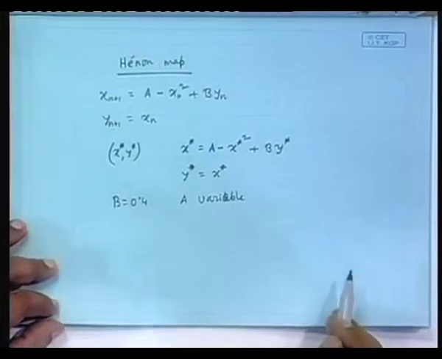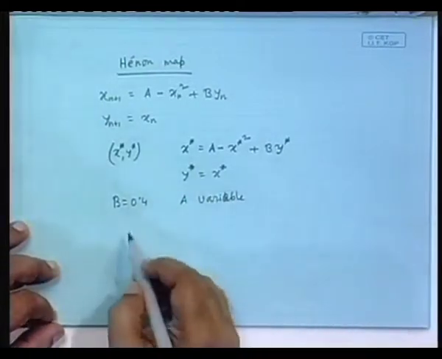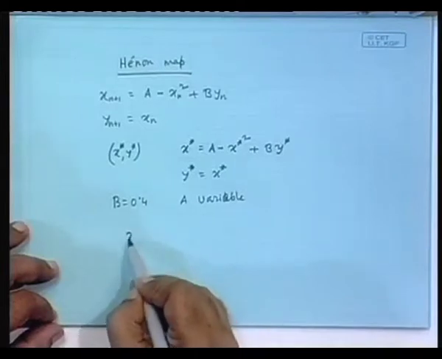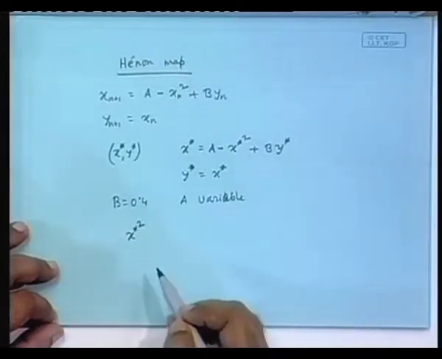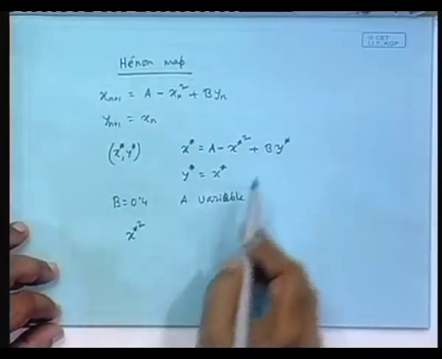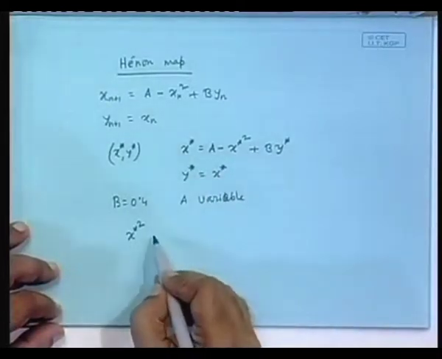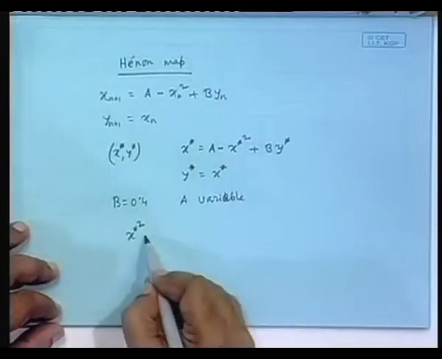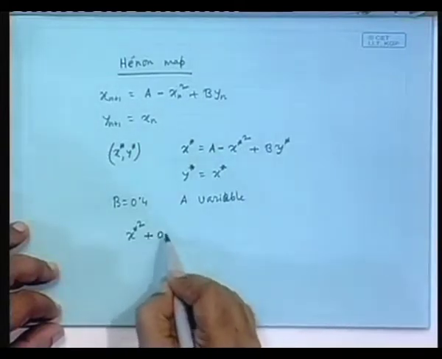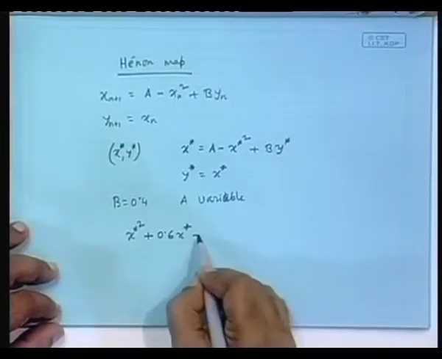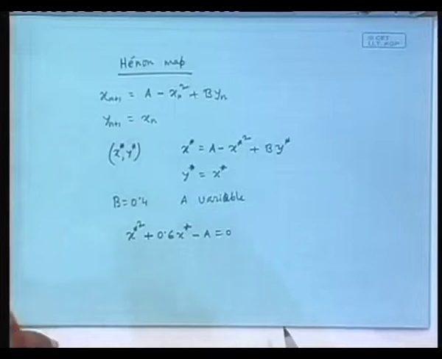Okay. So, this fellow is now 0.4. If you substitute, what is the equation you get? Let this go to the left hand side: x star squared, these two get subtracted, so you have plus 0.6 x star minus a equal to 0.